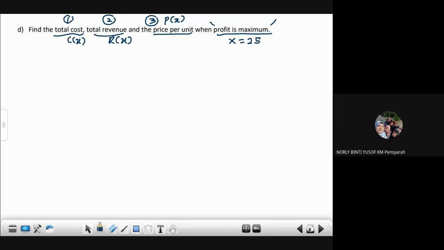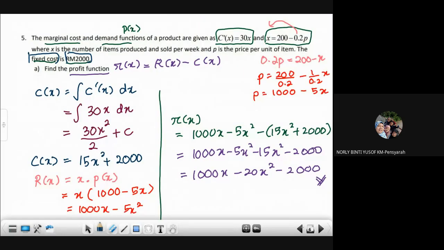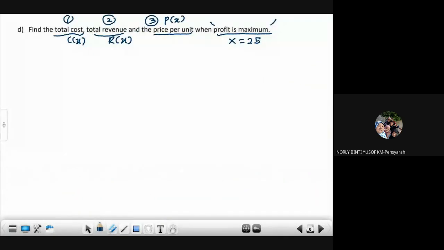So you nak total cost. So you ada tak function cost? Okay, tengok balik kat soalan. Earlier question, ada tak C function? Ada. This one, 15x squared plus 2000. So you masukkan with the value of quantity that the profit is maximum. So kita tulis balik function yang kita dapat dekat A tadi.